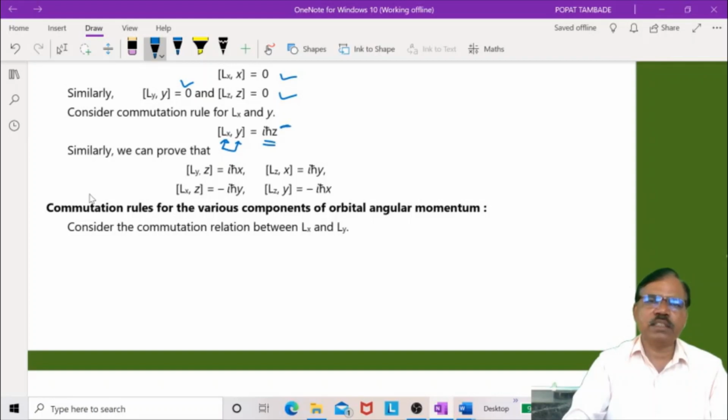So z is in the third position. Cyclic order: Lx y z, y z x, z x y, and here x z gives minus iħ y, and Lz y is equal to minus iħ x. So order is important here.